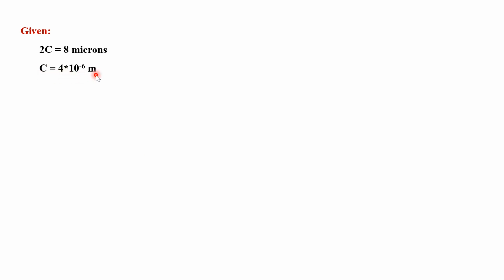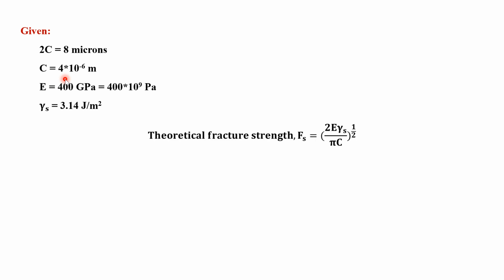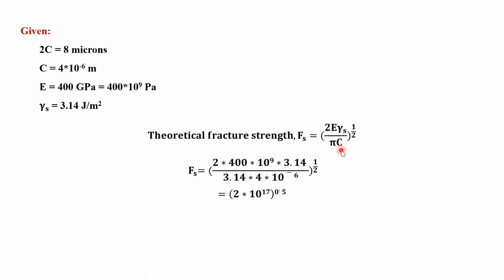We have to convert all values into SI units, therefore c is equal to 4 × 10^-6 m. Also E is given as 400 GPa, that is 400 × 10^9 pascals. Then we have γs, that is given as 3.14 joule per meter square. And since all these values are given, theoretical fracture strength is equal to sqrt(2Eγs / πc). Upon substituting, you will get the value as you mentioned, 447 MPa.